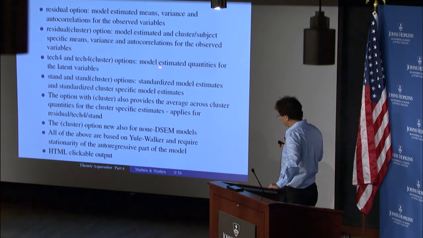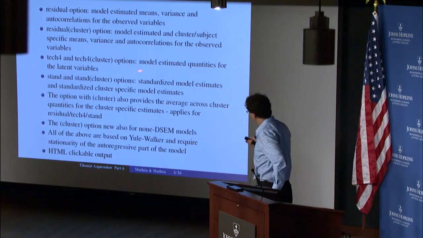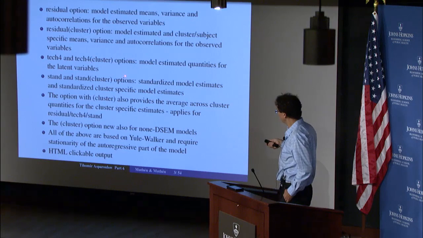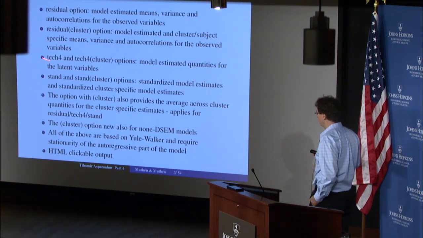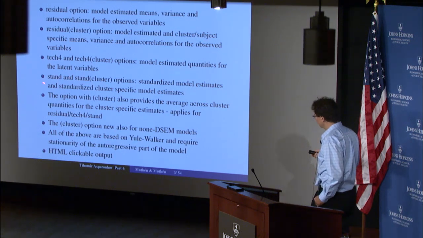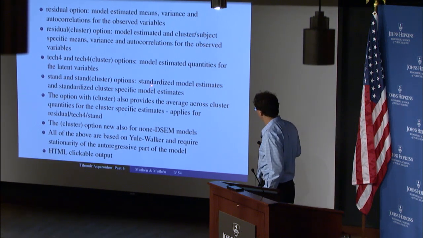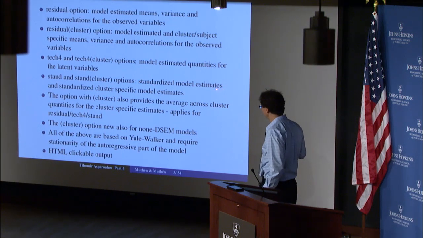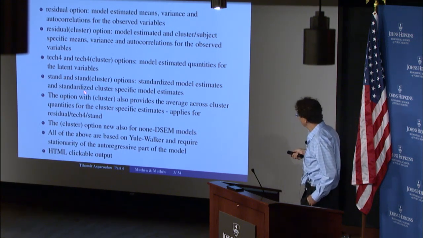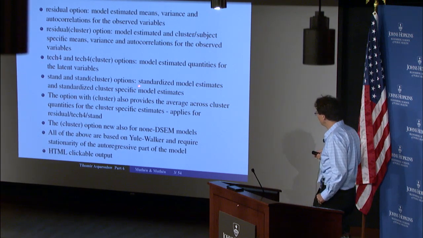TECH4 and TECH4 with CLUSTER options also produce the same model-estimated quantities for the latent variables in the model when you have latent variables. The STANDARDIZED option, the standardization option, and standardization with the cluster in brackets option also provide standardized model estimates for these models and cluster-specific standardized model estimates.